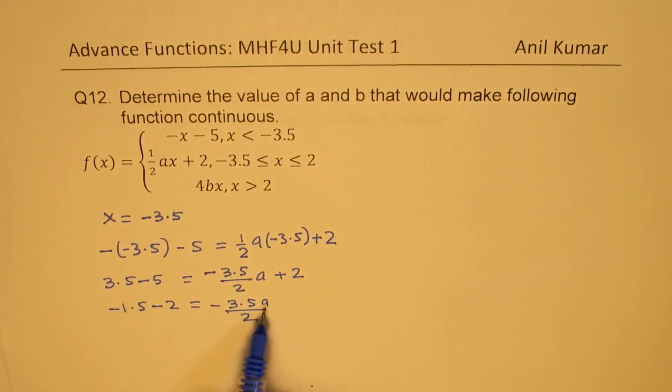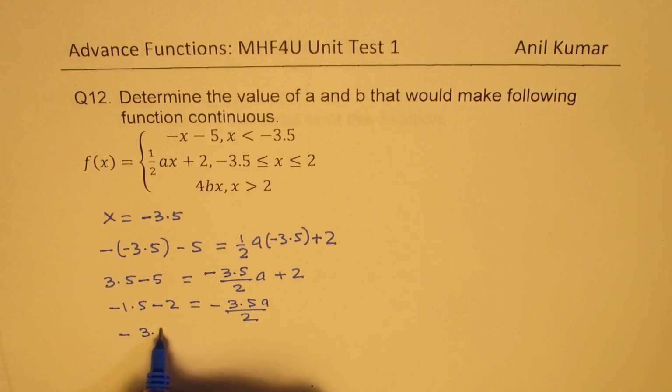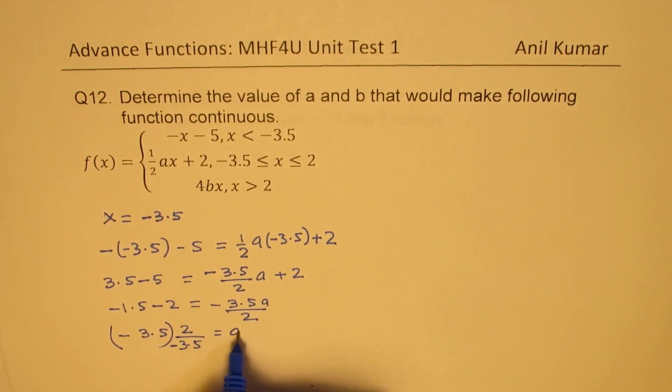So we'll cross multiply and find the value of a. So the value of a, let's do minus 3.5. We're going to multiply this by 2, divide by minus 3.5 to get the value of a. So clearly we get a as equal to 2, right? So we get the value of a as 2.